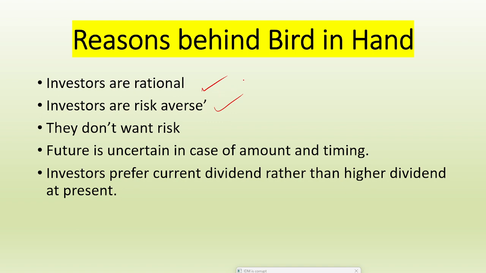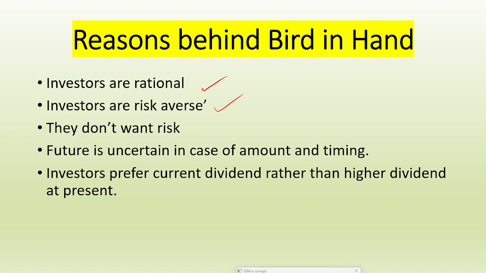Here the future is uncertain. The main reason behind the bird in hand is that the future is uncertain, and the investor doesn't want to lose their money, and nothing can be said about the company, whether it will sustain, or about the dividend, its amount and its timing.